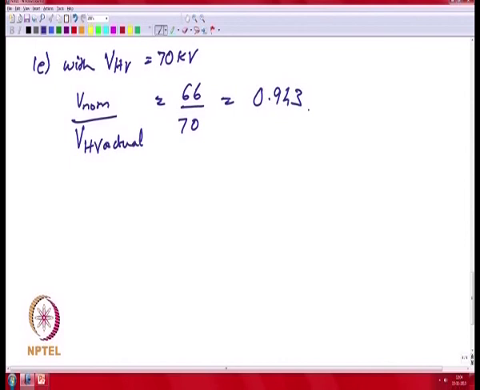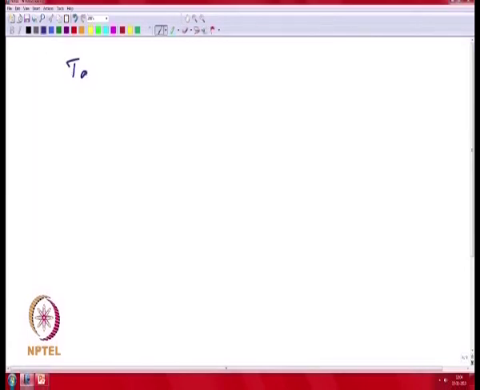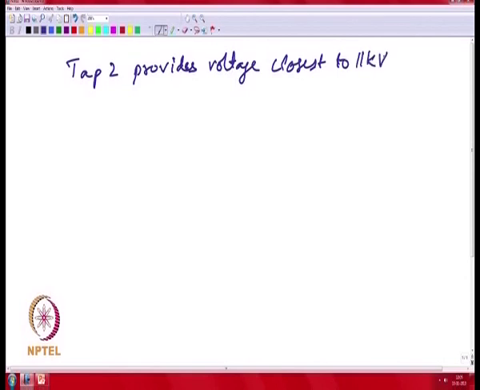If you look at what would be the closest tap that provides this particular voltage, it would be the second tap. So closest to 11 kV voltage, it would be tap 2.